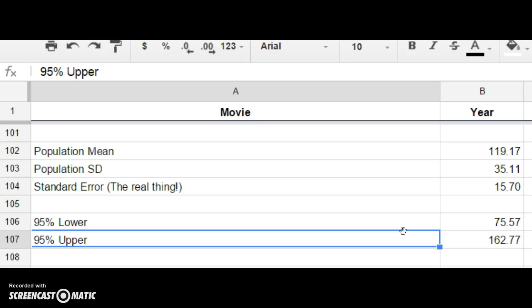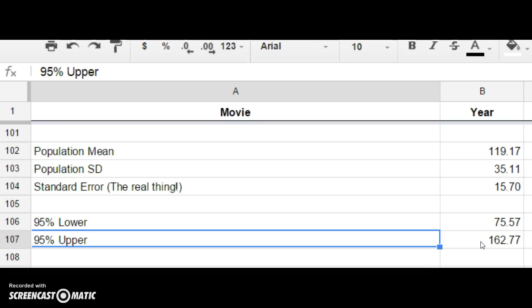So what this is saying is, 95% of the time, if you take 5 movies from this list, calculate the length, and get the average, that average is going to be somewhere between 76 minutes and 163 minutes.